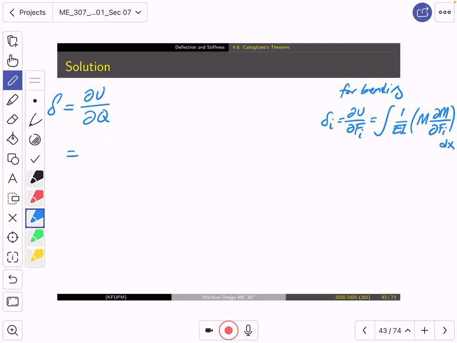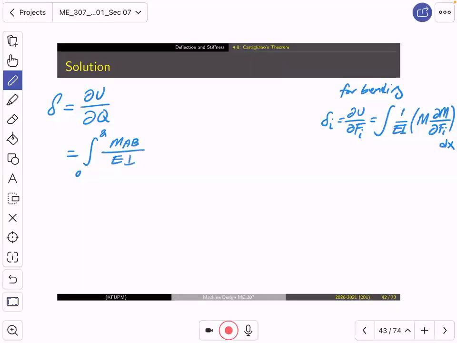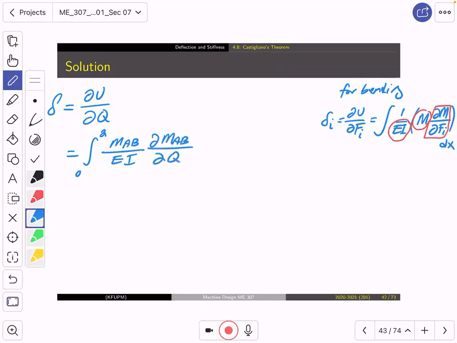Do you see this? So if I have this equation, I will show you what I'm going to do. I need to integrate from 0 to a, for M_AB divided by EI. I'm just rewriting it: this is EI, this is M, and then I multiply it by this. Good? So I will have del M_AB over del Q, then dx. Right?